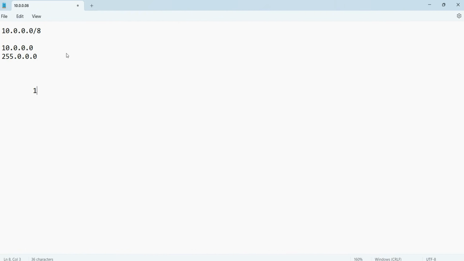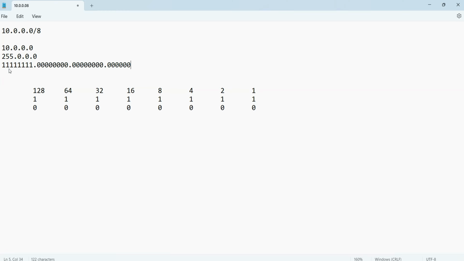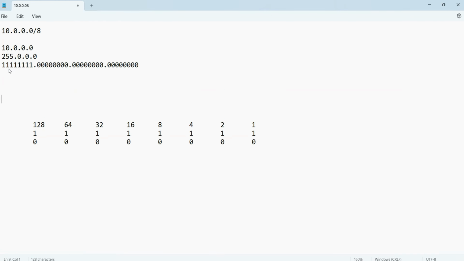When I put my binaries here and convert to decimal, it's 128, 64, 32, 16, 8, 4, 2, 1. When I put all ones, I get 255. When I put all zeros, I get 0. So this one is 1 to 8, 1 to 8, 1 to 8, 1 to 8. See that? Just like that.